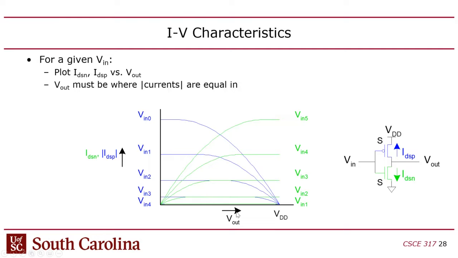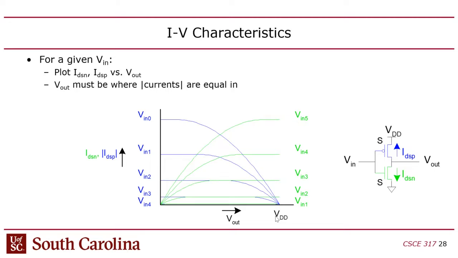And for each of those, I am going to sweep the output voltage, which would be the drain source current for both the nMOS and the PMOS. The nMOS is shown in green, the PMOS is shown in blue. Okay, and then I will figure out the current.